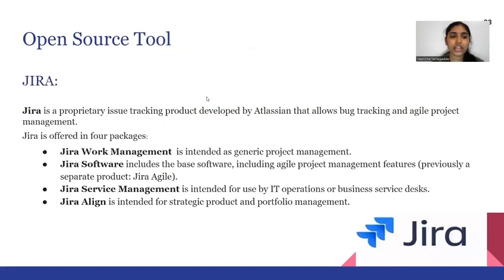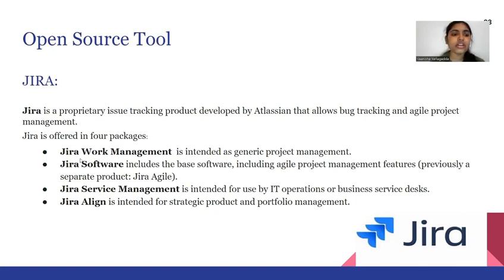In our research, there are many open source tools for Agile methodology, but we chose Jira. Jira is basically a proprietary issue tracking product developed by Atlassian that allows for bug tracking and agile project management. Jira is offered in different packages.